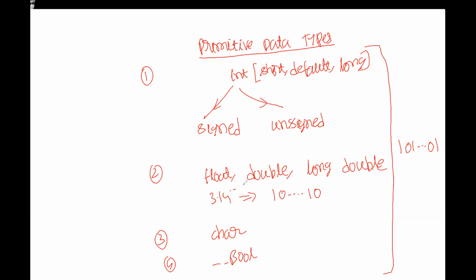So we have mapping functions which take us from decimal to binary, and binary to decimal. This is what is called a representation of a floating point number in the computer. And there are different standards for it, IEEE floating point representation standards, and similarly for double and long double.